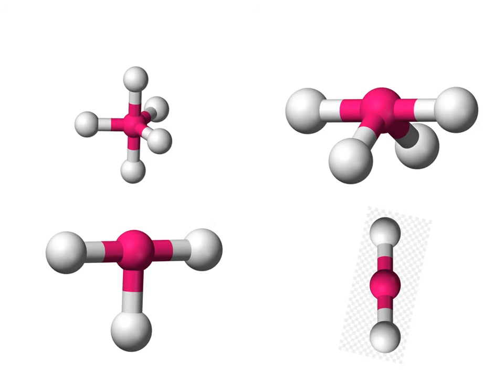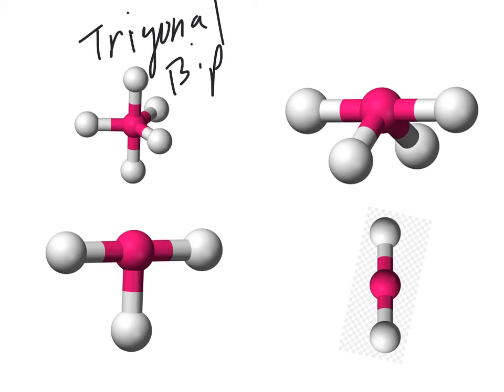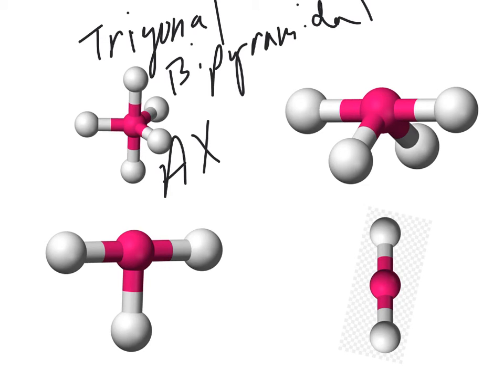And in our probably most complicated one, we have what's called a trigonal bipyramidal. In this trigonal bipyramidal, its base is 5, so that's AX5.